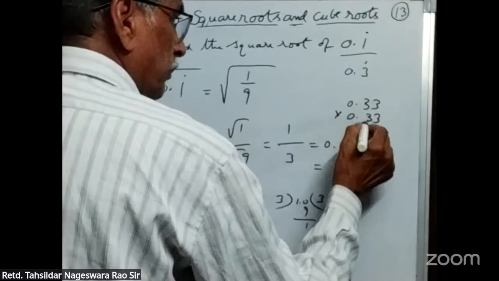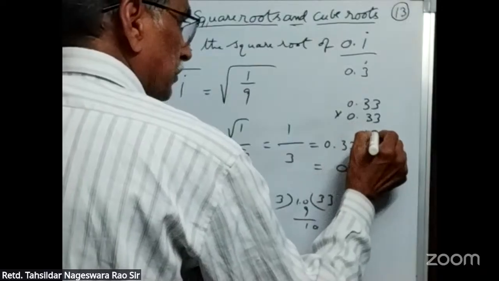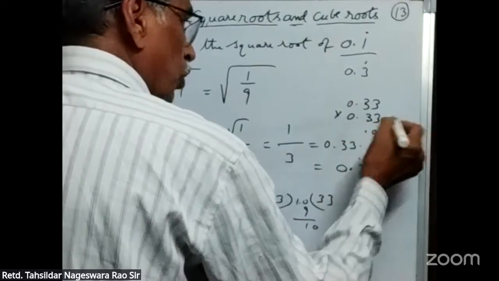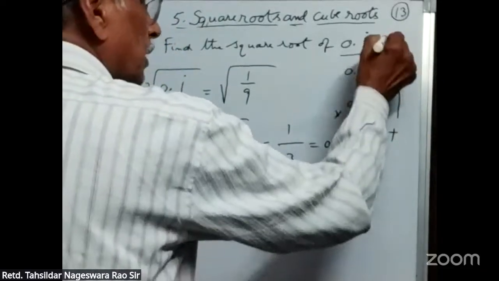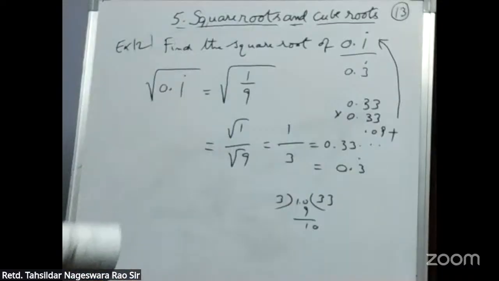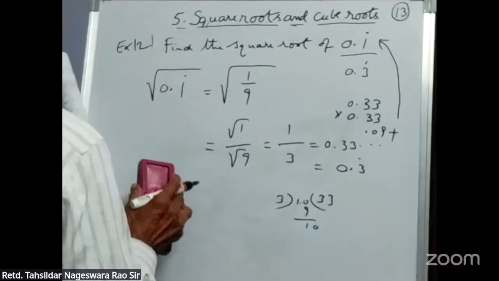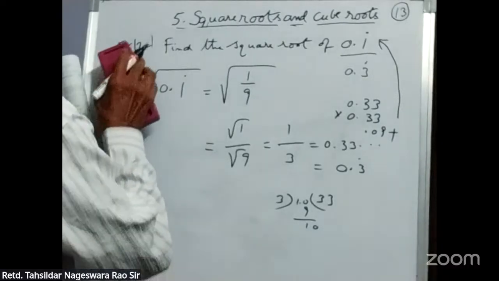If it is 0.3 times 0.3, it will be 0.09, and more than that will be 0.1. That is what I wanted to explain to you.